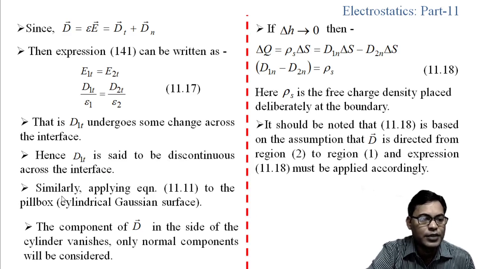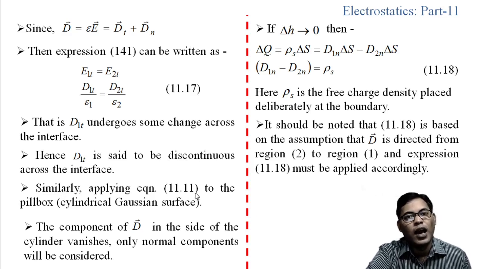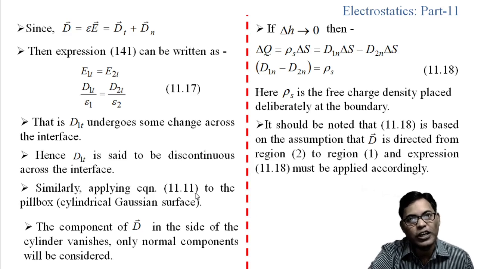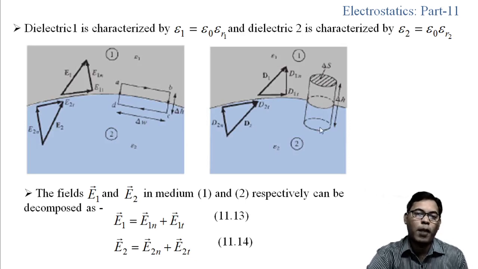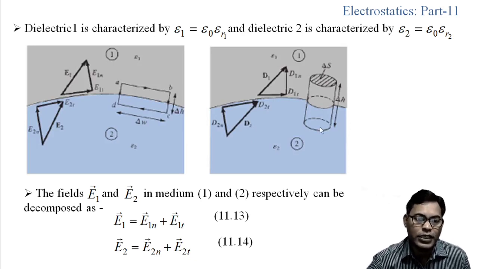Fine. Similarly, applying equation 11.11, that is the closed surface integral of D dot dS equals Q enclosed, to the pillbox, the cylindrical Gaussian surface, we can see it here. First we need to decompose D1 and D2.